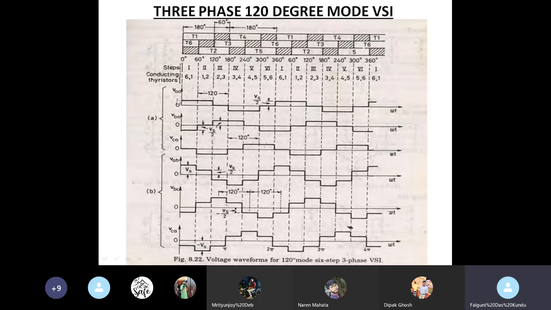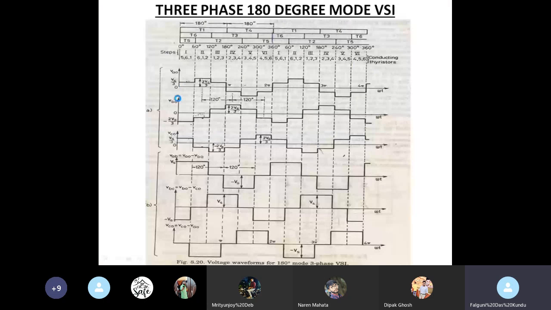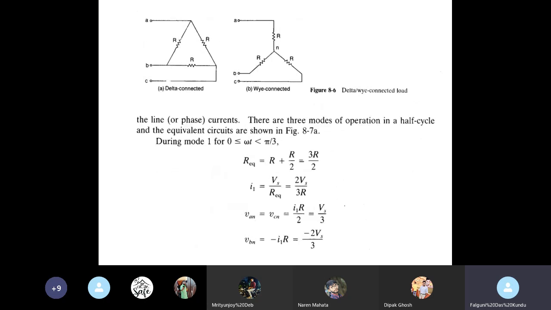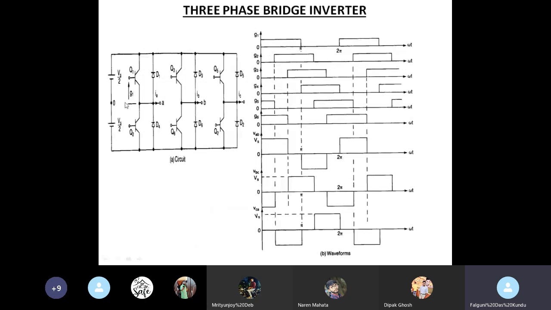This value is Vs by 2. How do we get Vs by 2? We calculate. Okay. Actually, this is Vs by 2 from our figure. We see that for the positive half we apply Vs by 2 and for the negative half we also apply Vs by 2, which is in the reverse direction, that is minus Vs by 2.